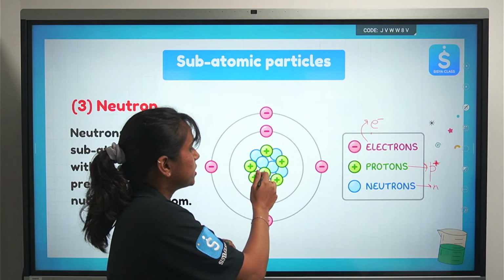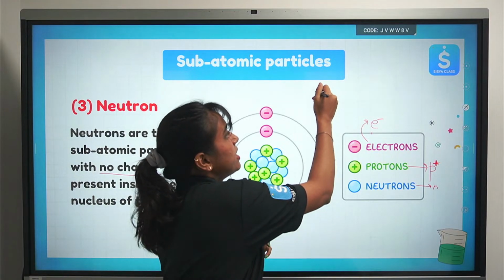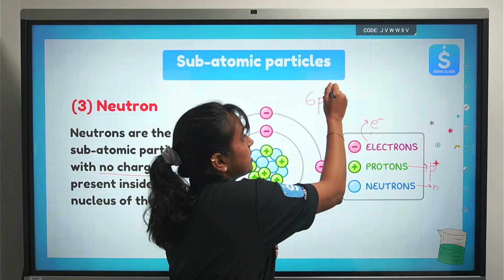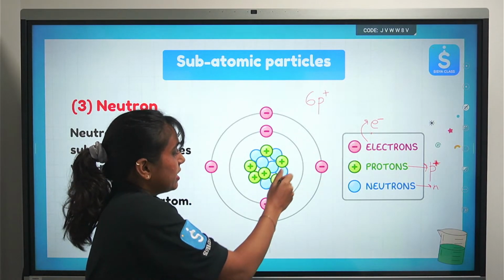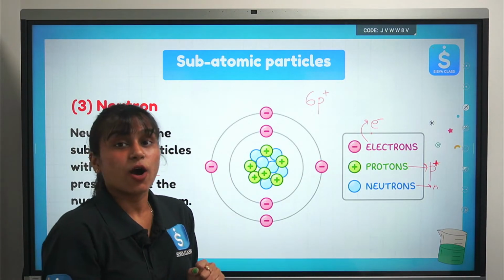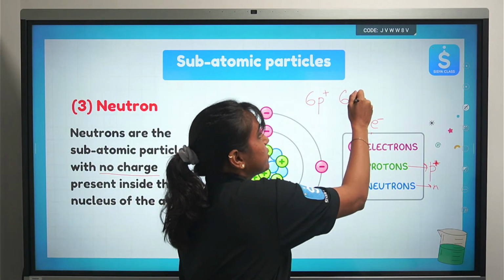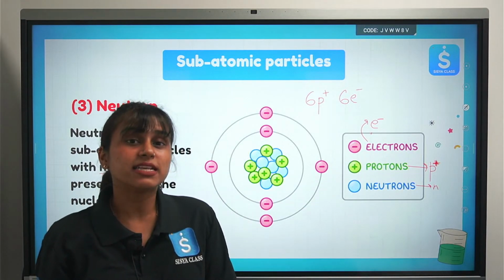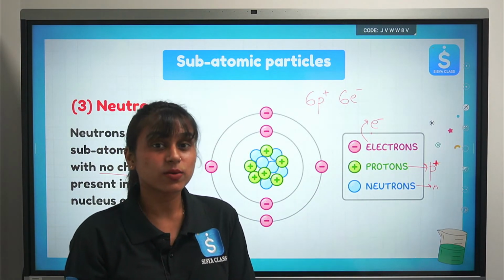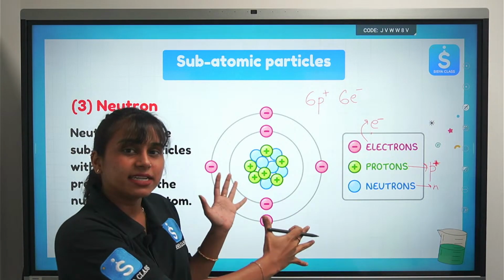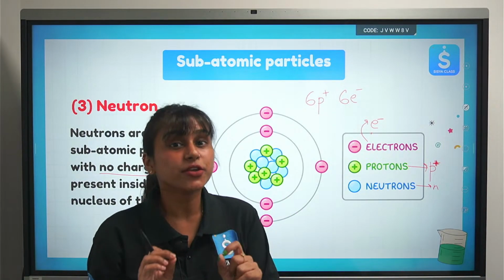See, 1, 2, 3, 4, 5, 6. So 6 protons are there. Let's count the number of electrons. 1, 2, 3, 4, 5, 6. How many electrons? 6 electrons. Now you do the math. Plus 6 minus 6 is equal to 0. Isn't it? That means our atom is electrically neutral.